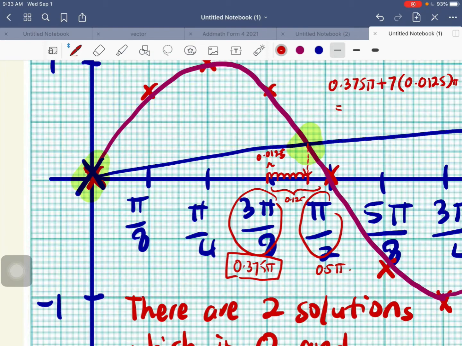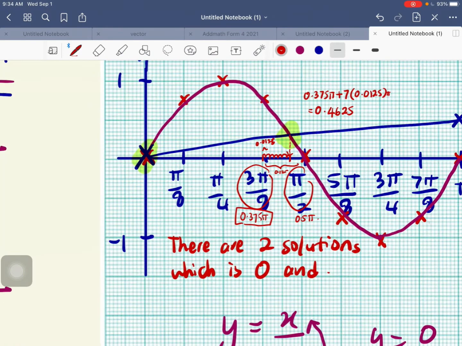So I just add this together and I get the answer to be 0.4625. Because in the graph we cannot read more than 2 decimal places, we can say that this is only 0.46. That's it.